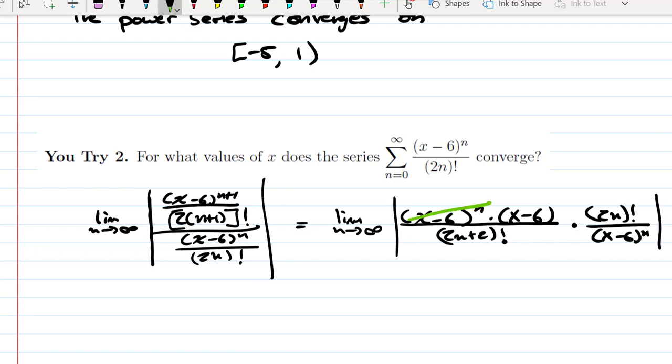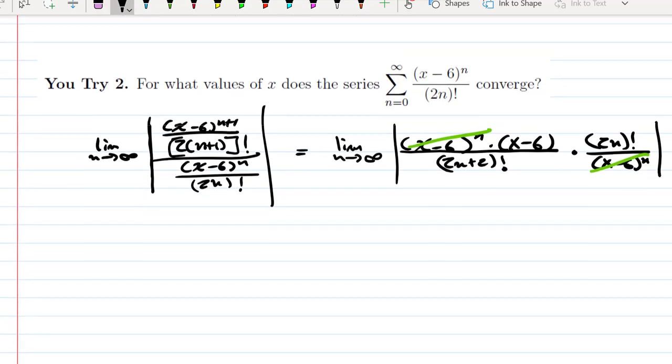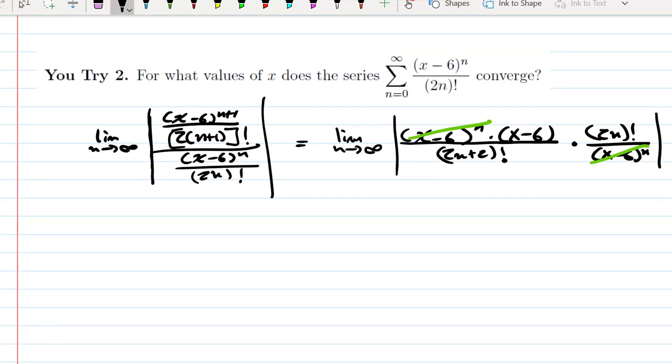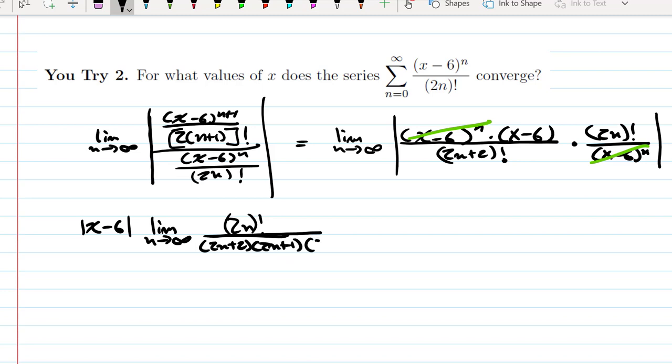So our first bits cancel out, and we can factor out our x minus 6, but then we need to expand our factorial. So we have the limit as n goes to infinity of (2n)! over (2n plus 2)!, which is (2n plus 2) times (2n plus 1) times (2n)!. So then finally those reduce out, and we're left with this.